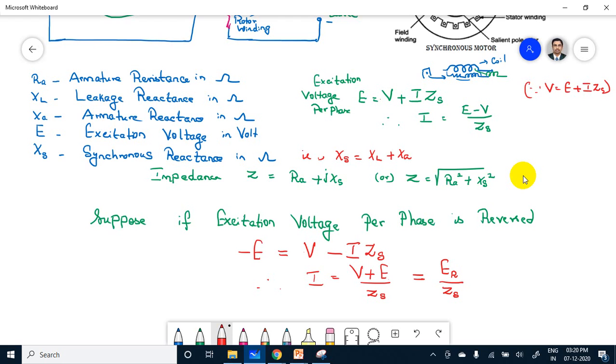Okay. So from this I can write E equal to V minus I into Zs. Directly I can write, then you can understand.